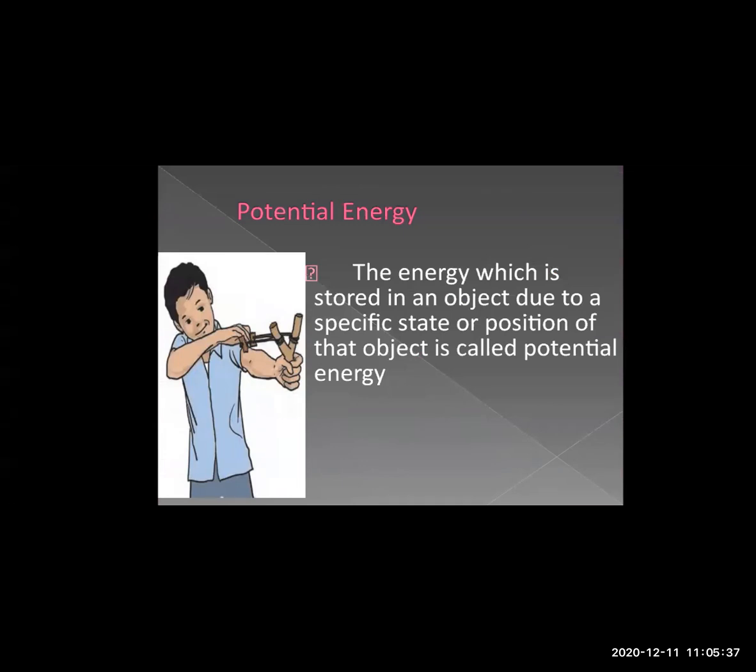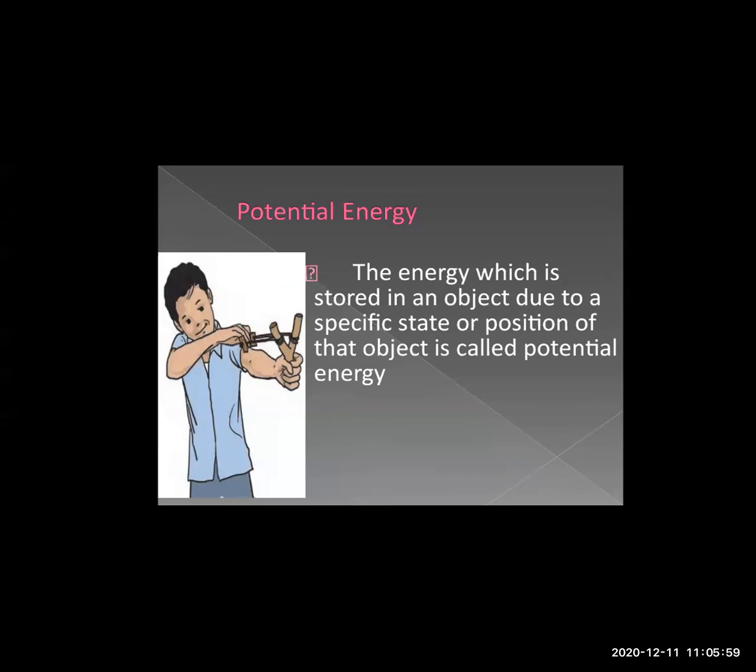Okay, now here you can see the child is doing something. The energy which is stored in an object due to its specific state or position is called potential energy. It means that the boy is trying to perform some work with the help of an object.